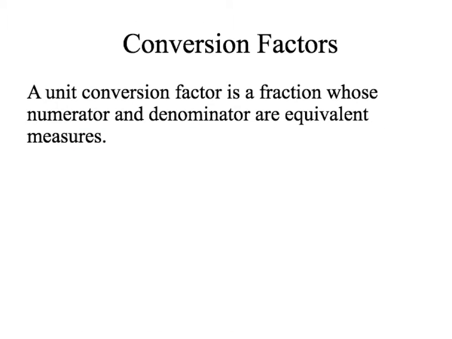The first thing we need to talk about is something called a conversion factor. A conversion factor is just that. It converts between two units. It gives you a quantity that is equal, so you can write it as a fraction with either number or value being the numerator or denominator. For example, we hopefully remember that 1 inch is equal to 2.54 centimeters.